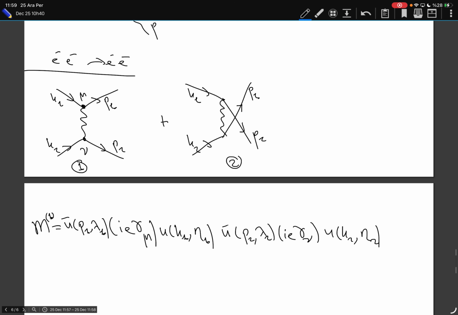And then the remaining part is this photon propagator, which will be I over Q squared times minus G mu nu plus Q mu Q nu divided by Q squared. This is my M1.